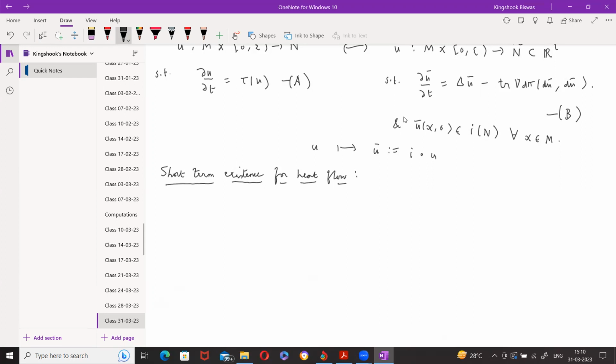Okay. So what are we given first of all? So we're given an initial data. F is a map from M to N such that F is C2 plus alpha.